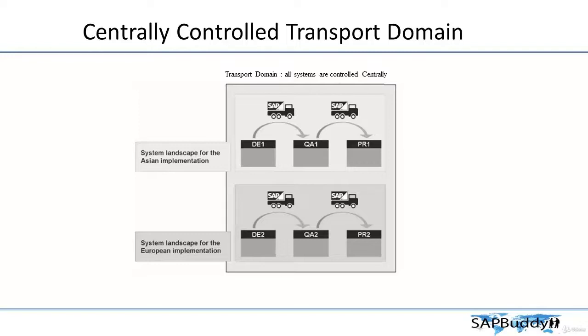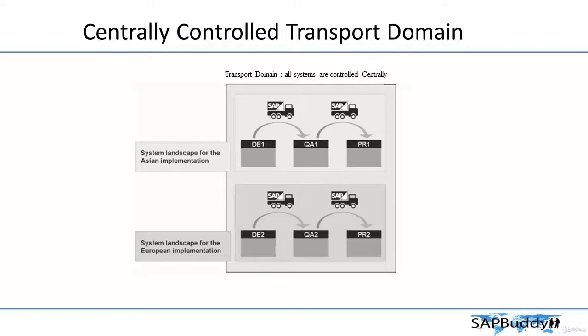So SAP landscape is a set of SAP systems which share the customizing and repository objects via the transport system. In a typical SAP landscape, you will see only these three systems which will be created as a domain. However, in a bigger landscape, you will have multiple systems in one domain which have different transport routes.